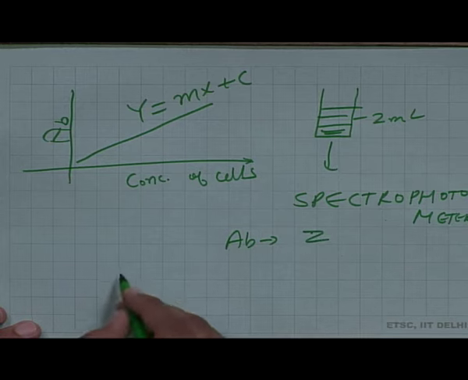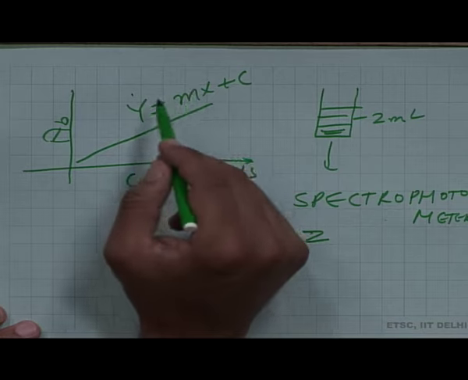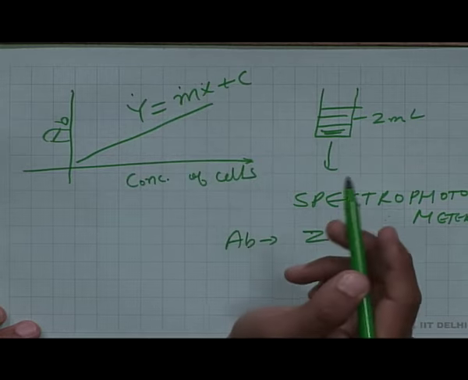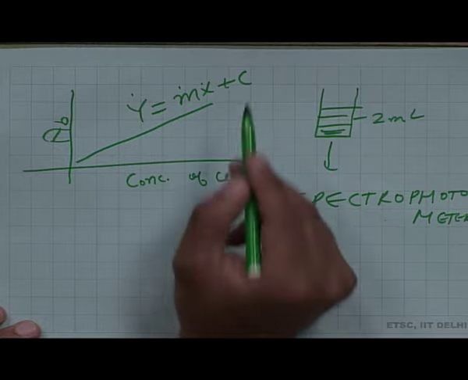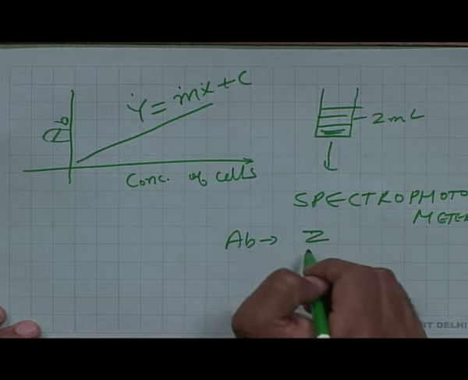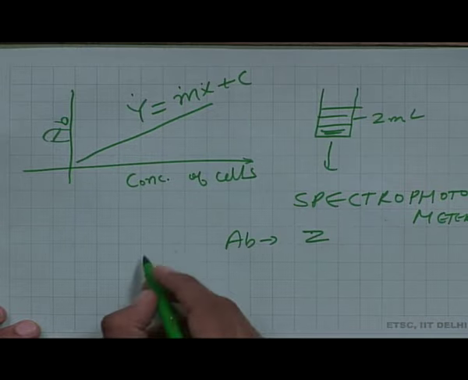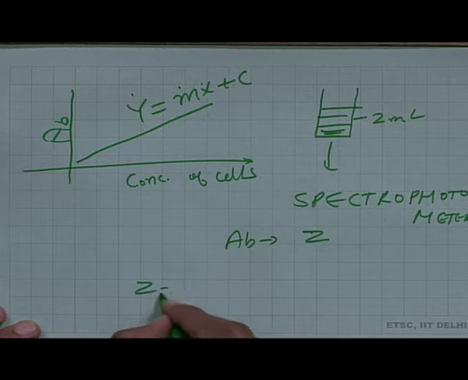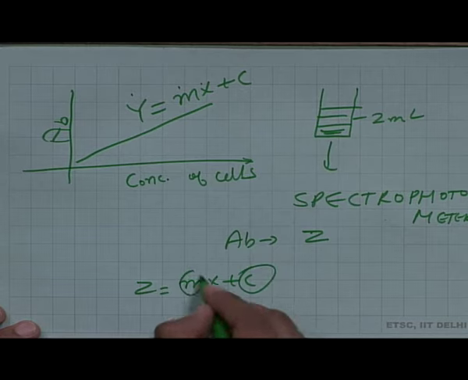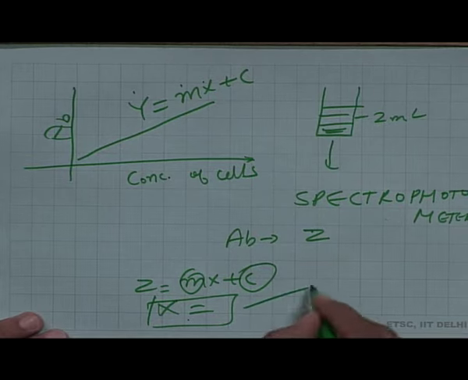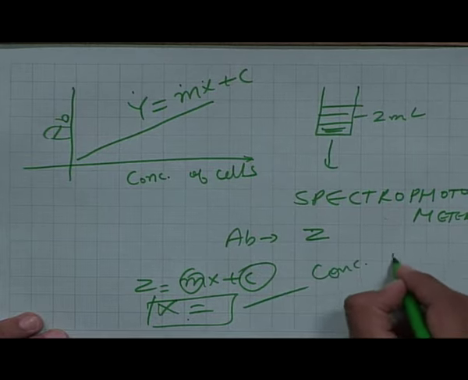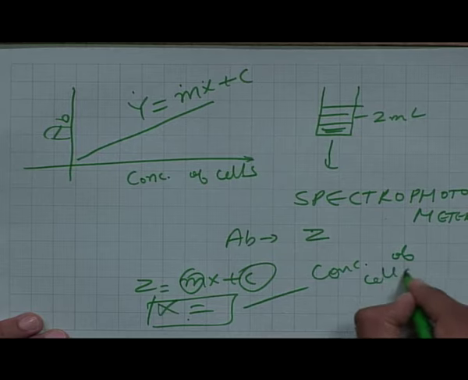So, basically you already know y, you already know m and c. You basically know this equation y is equal to mx plus c. What is absorbance here? Absorbance is your y. So, you will just say Z is equal to mx plus c. You know the c, you know the m, you can calculate x. And this x is your concentration of cells.